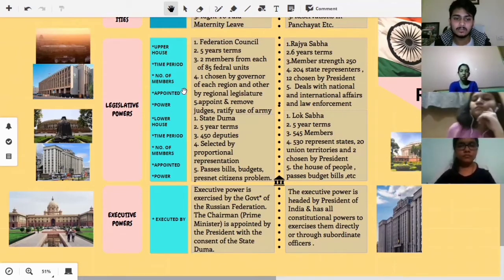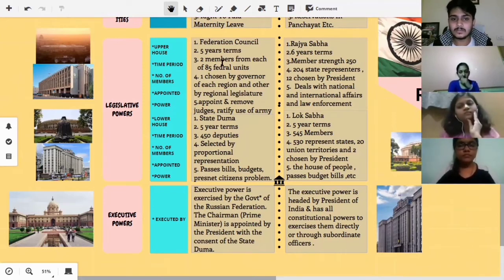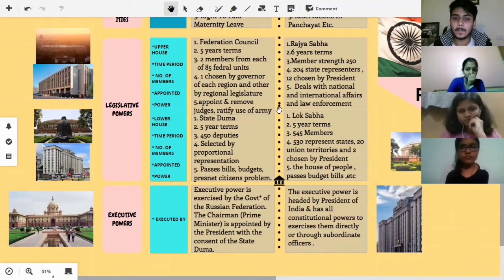And on the basis of the powers, the Federal Council of Russia has the power to appoint and remove the judges and ratify the use of the army. And in India, the Rajya Sabha deals with national and international affairs and law enforcement.